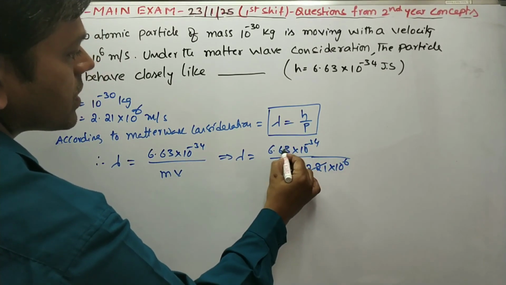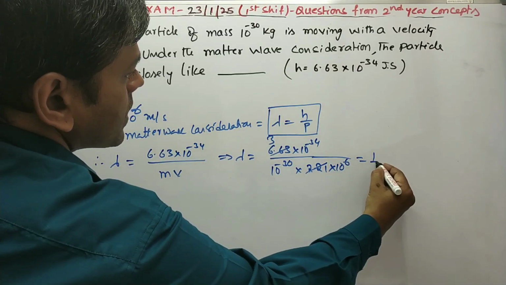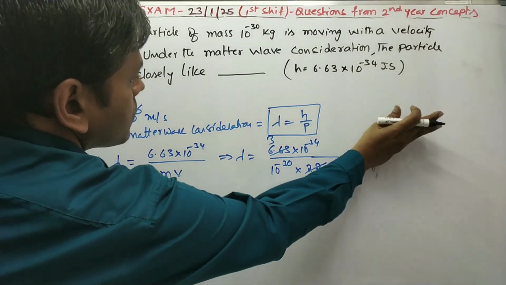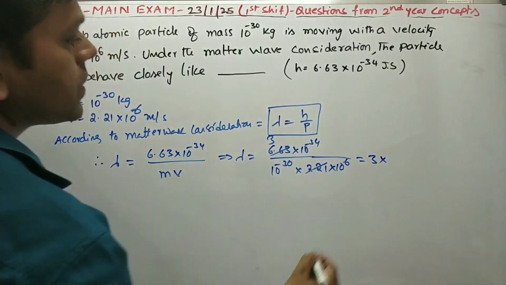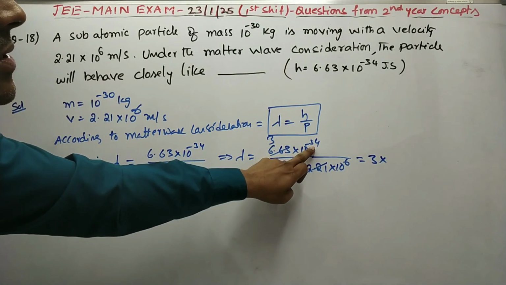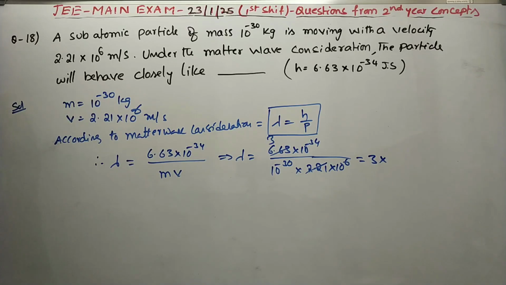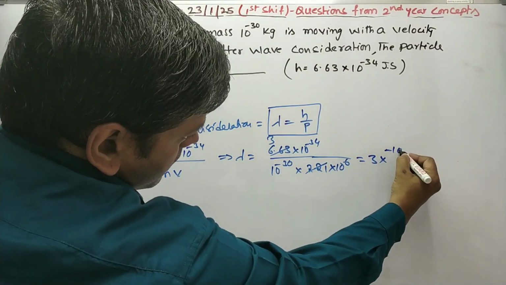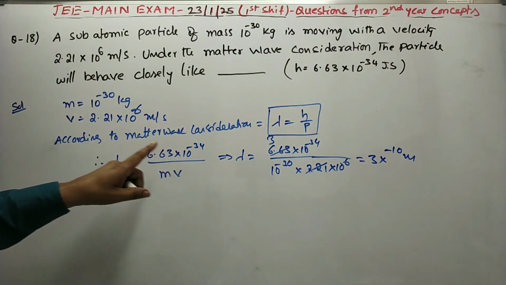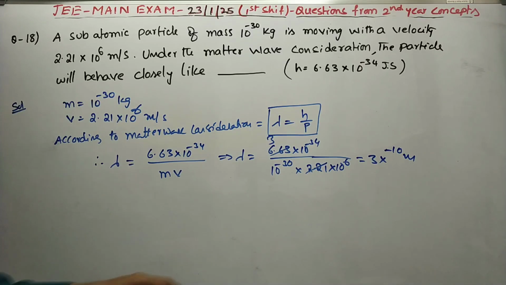The 3 gets cancelled, so 1 by 3 into 10 power minus 34 plus 30 minus 6, which is 10 power minus 10 meter. So the wavelength of this subatomic particle is obtained as 10 power minus 10 meter.